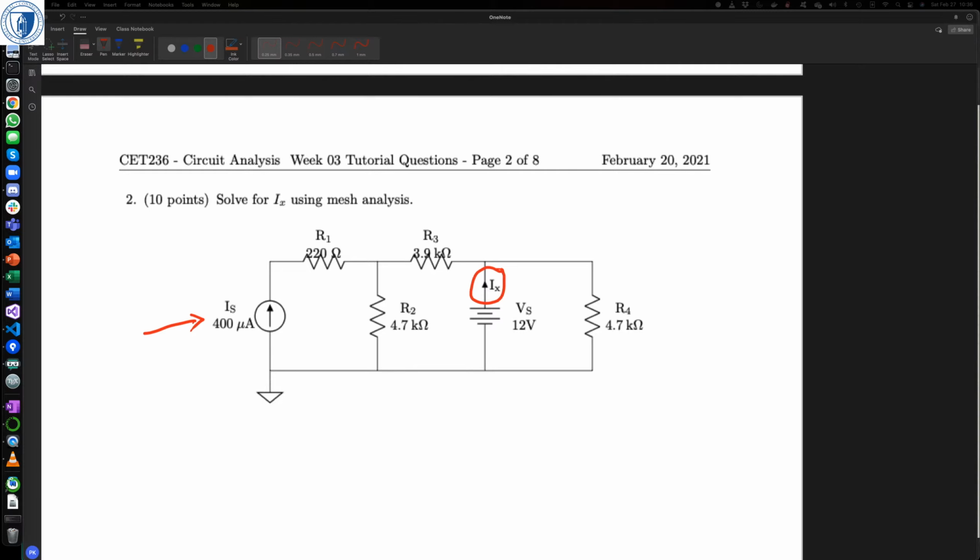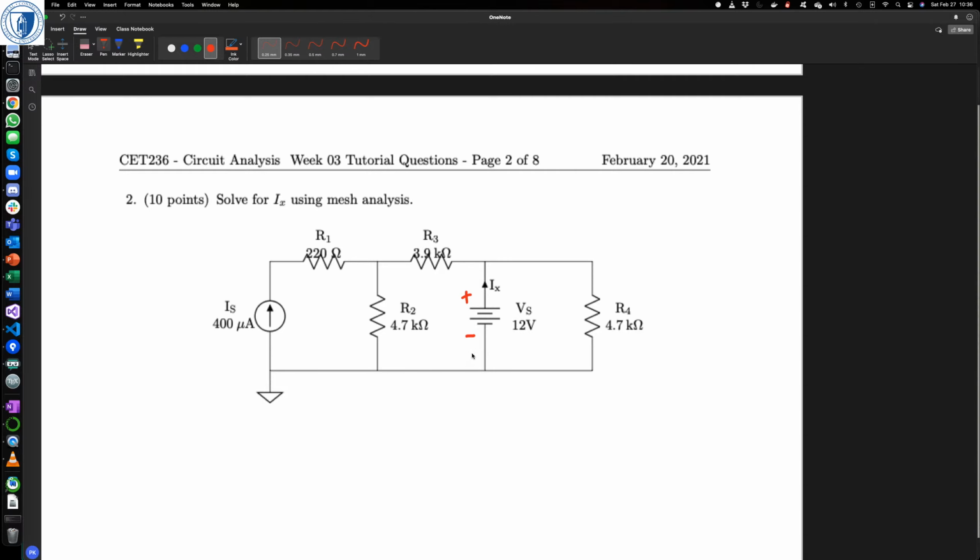So here, let me just get rid of my previous scribbles. This top plate is the positive and the bottom plate is the negative.